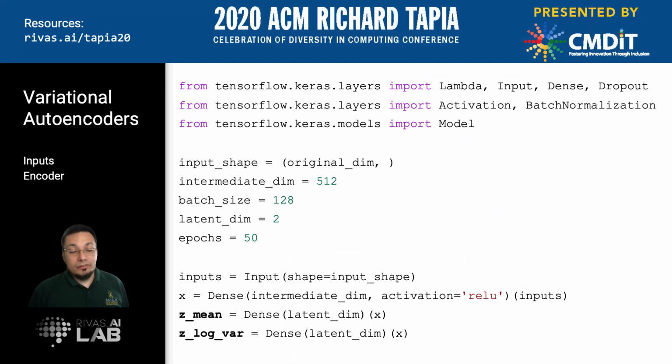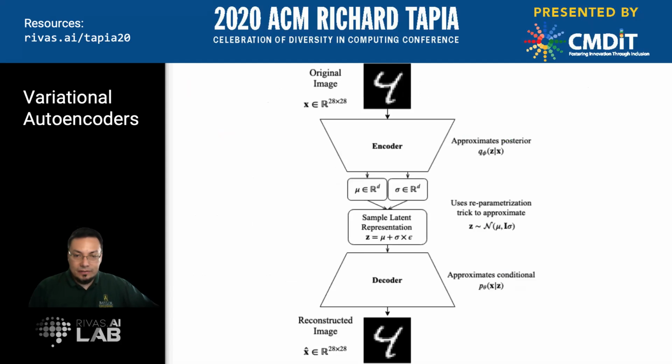We define original dimensions, the latent dimension 2, set a number of epochs to train with, batch size 128. You can change these parameters, of course, as you wish. One thing that is different is that the input data is going directly into this dense layer, as we specified right here.